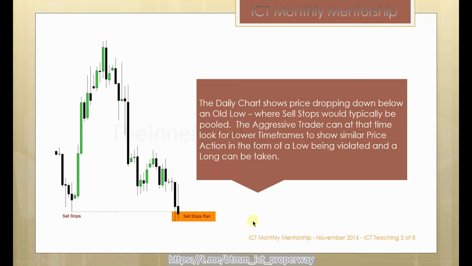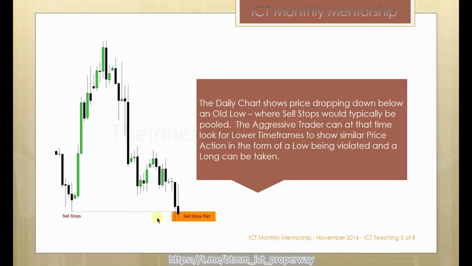Now, an aggressive trader can see this as an opportunity to go into a lower time frame as that low is violated here, right on this candle here. You can go into a lower time frame and look for a similar pattern, because price is fractal. That means everything you see on one time frame is replicable on the higher time frame and the lower time frame. So in other words, it's going to have a lot of similarity throughout all the time frames, because price is still what?